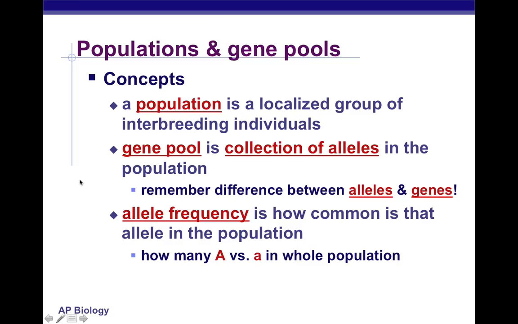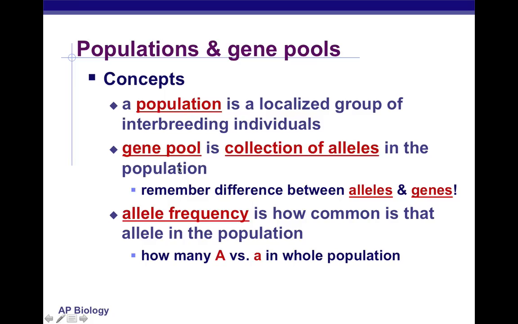So a few basic concepts before we get into what Hardy-Weinberg equilibrium is, which is the concept we're going to talk about in this lecture. Basically, you need to understand the population is a localized group of interbreeding individuals. So a human population, we interbreed, is localized to a certain area. The gene pool is the collection of all those alleles in the population.